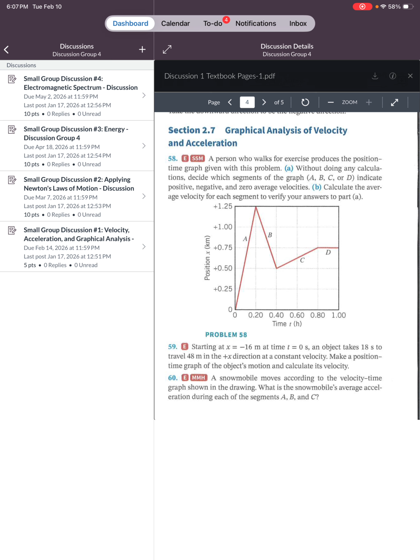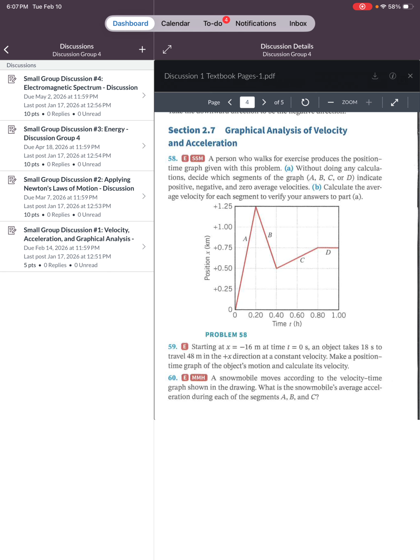A, without doing any calculation, decide which segments of the graph A, B, C, or D indicate positive, negative, and zero average velocities. B, calculate the average velocity for each segment to verify your answers to part A.